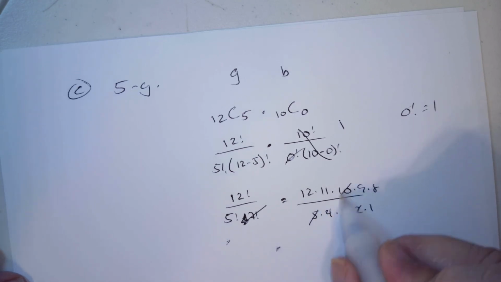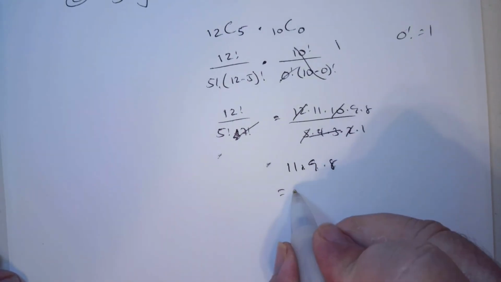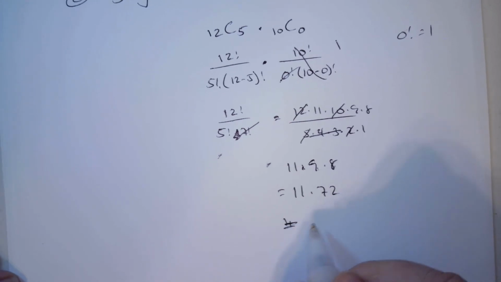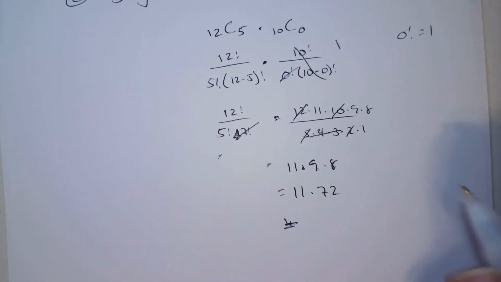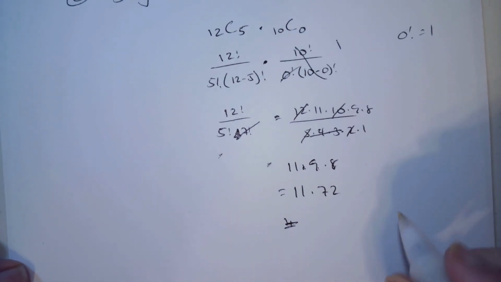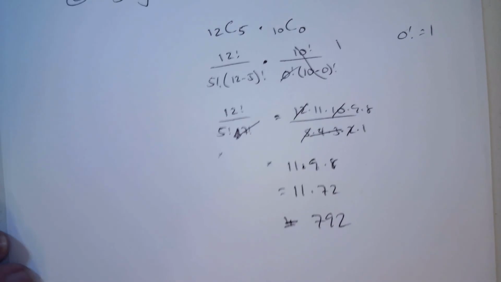2 times 5 is 10. 4 times 3 is 12. So we have 11 times 9 times 8. 11 times 72, so 11 times 72 plus 720 is 792.